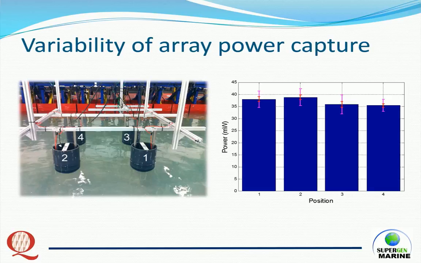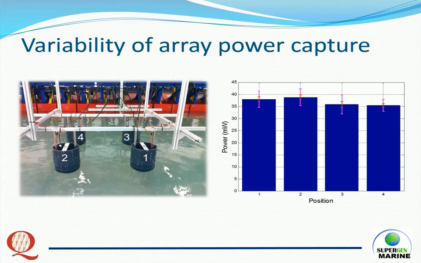So we've done a lot of work looking at the variability of the performance in an array. Here we've got a small 4 device array, and here's the power capture that we measured. These are long-crested waves, and you'd expect devices 1 and 2 to have the same power capture, and 3 and 4 to have the same power capture, assuming that the system is perfect, as you would tend to assume in a numerical model.